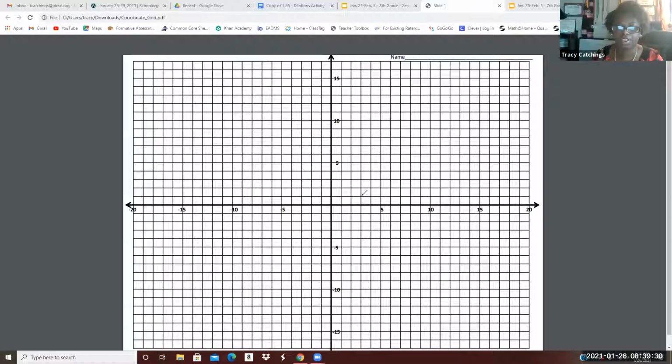All right, for those of us who are following along with graphing, if you haven't gotten well with the tools on your Chromebook to draw, just do it on paper. It doesn't have to be perfect, but it needs to have some effort.